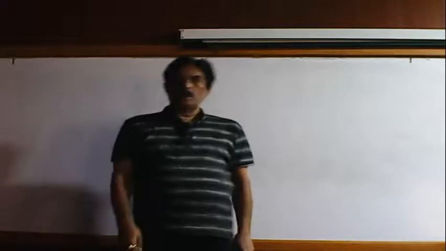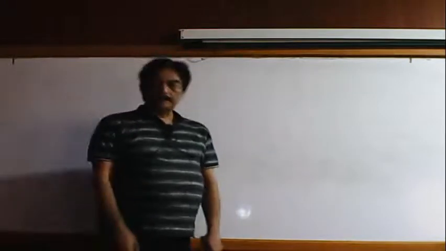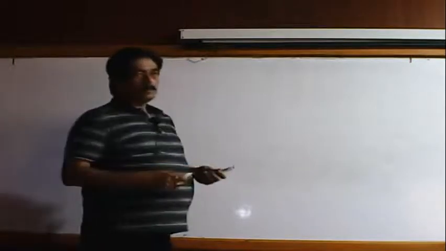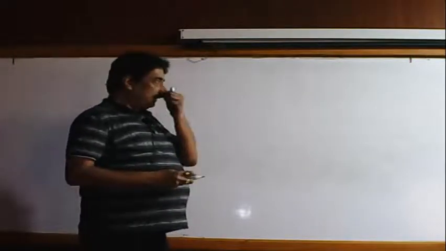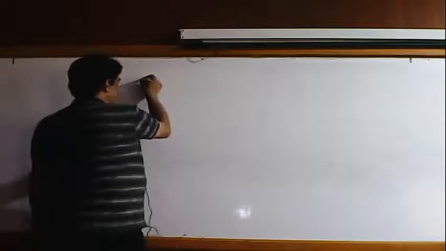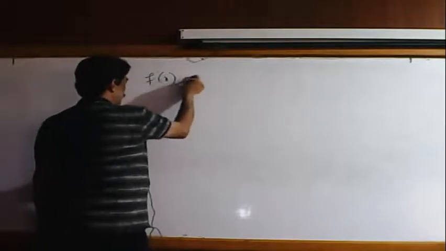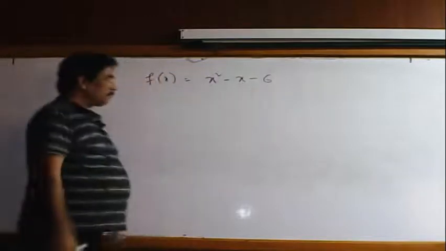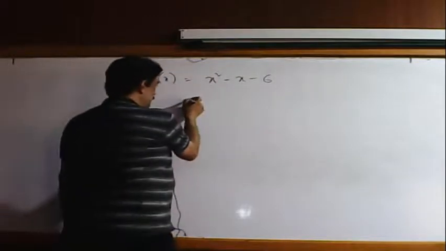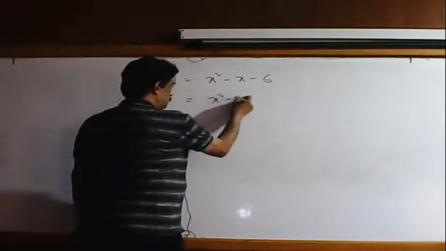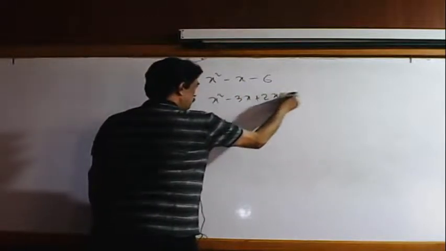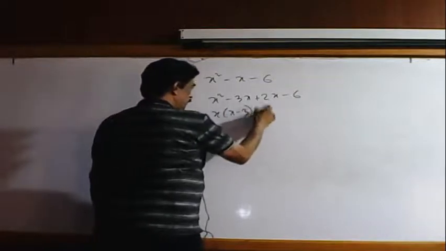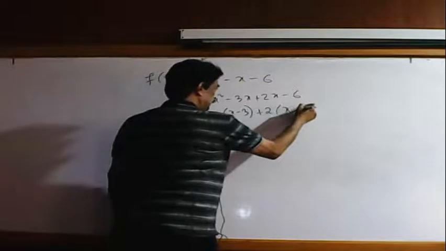Now our next topic, remainder theorem and factor theorem under algebra. Factor theorem or remainder theorem. Let us consider f(x) equal to x square minus x minus 6. Now if I factorize, x square minus 3x plus 2x minus 6. x common, x minus 3, plus 2 common, x minus 3.